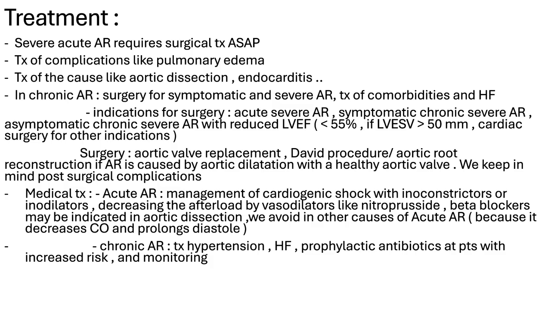So we have to give treatments depending on each patient's case. Also, if the patient has hypertension, we have to treat it. Also, if the patient has higher risk, we can give prophylactic antibiotics if there is a high risk of developing endocarditis, for example, and continuous monitoring of the patient's case to check the severity of the aortic regurgitation. And that's all.